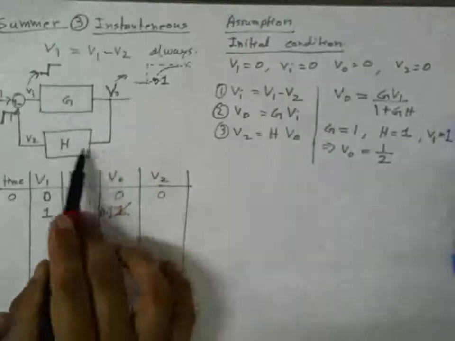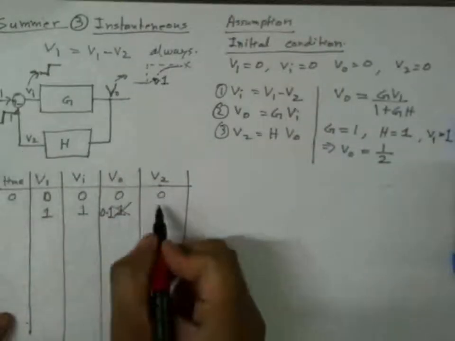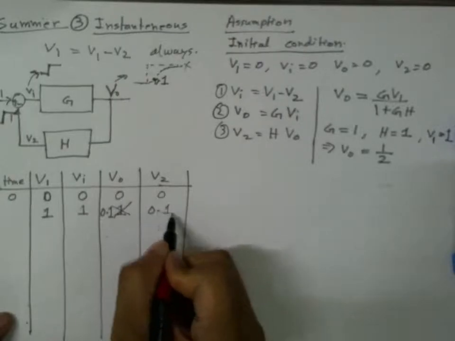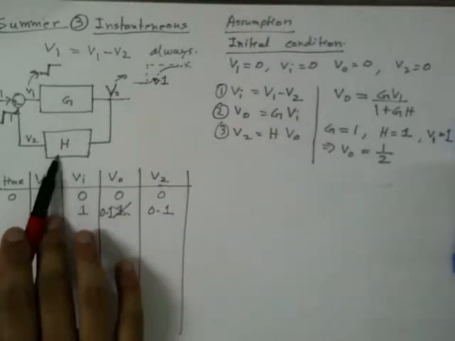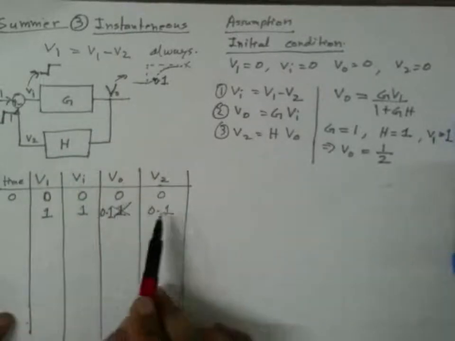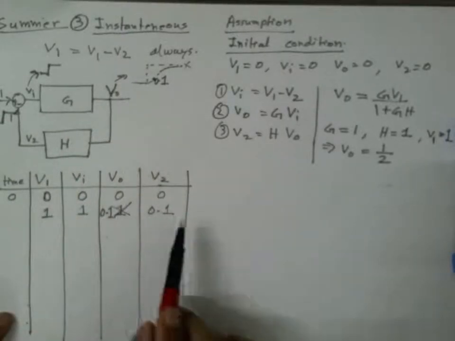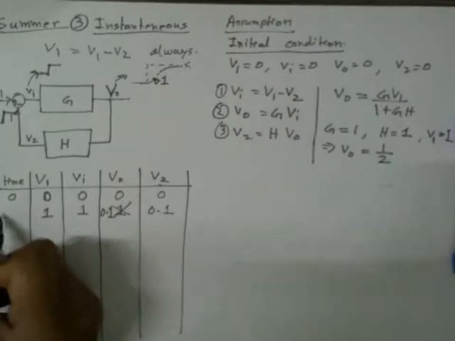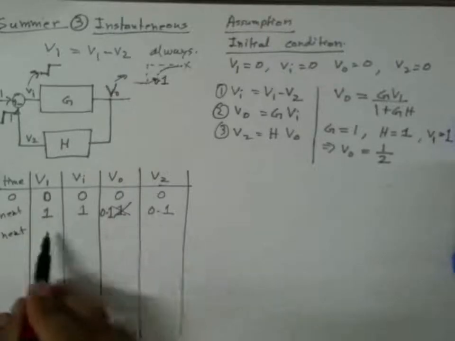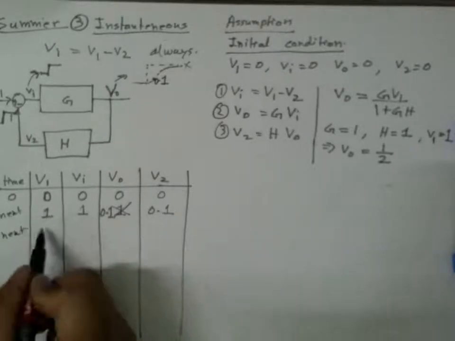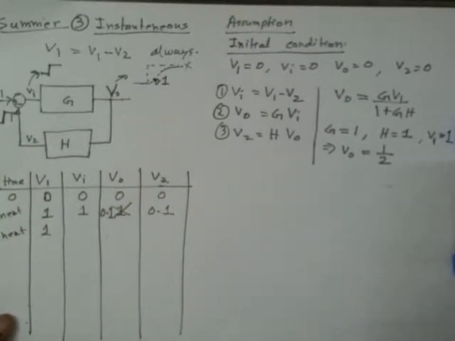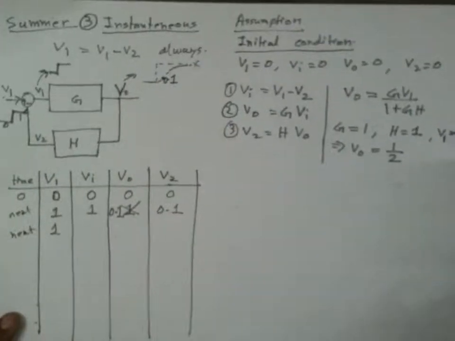Now this comes through H, so V2 will be 0.1 times H, or again 0.1. And this is an instantaneous device, right? This one is not an instantaneous device, but this is. So this is 0.1. Okay, cool. After that, next again, V1 is 1. I keep it constant at the value 1.